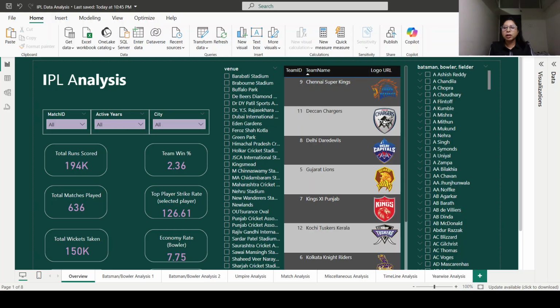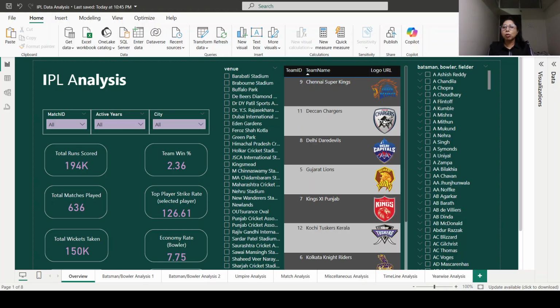The matches data contained around 636 rows and 18 columns approximately, and it offered match level information such as team, toss, winners, venue, etc. Whereas the deliveries data, which had around 1 lakh rows and 21 columns, provided bowling details, runs, dismissals, extras, etc.